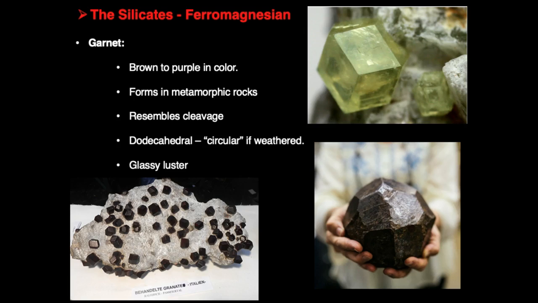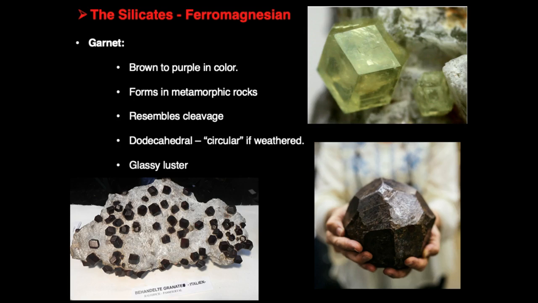Lastly, garnets. Garnets are similar to olivine in their silicate structure, which means that they only have a single silicon-oxygen tetrahedron that is linked by metallic ions to the rest.